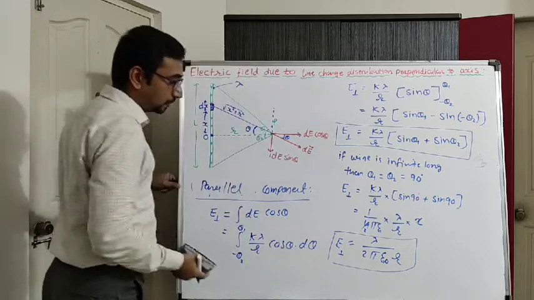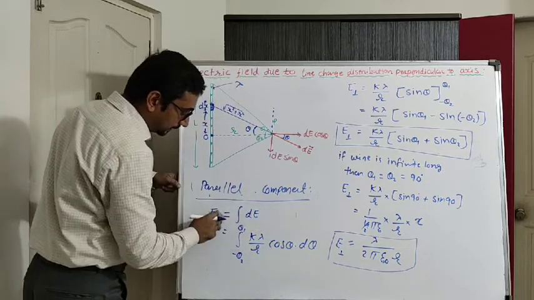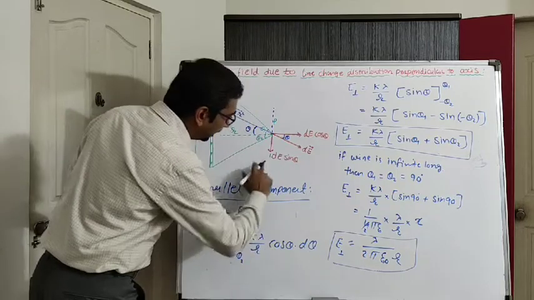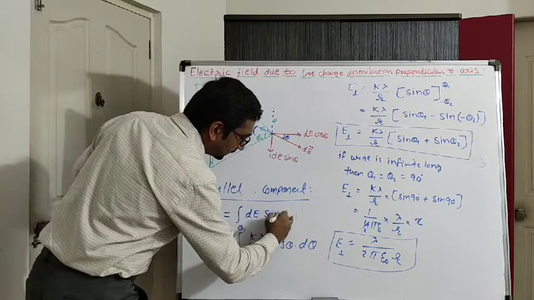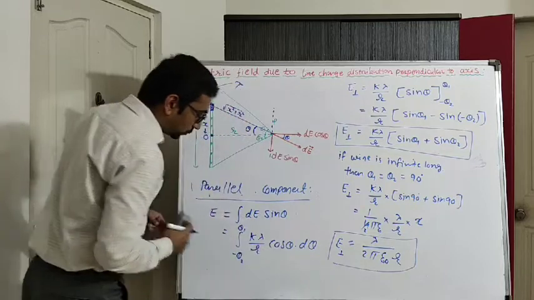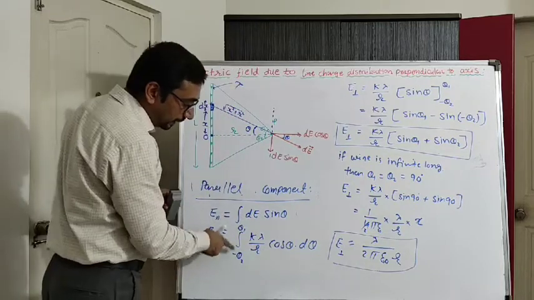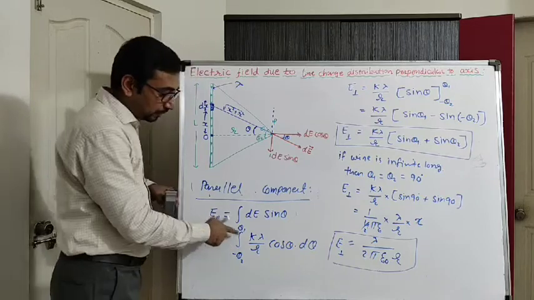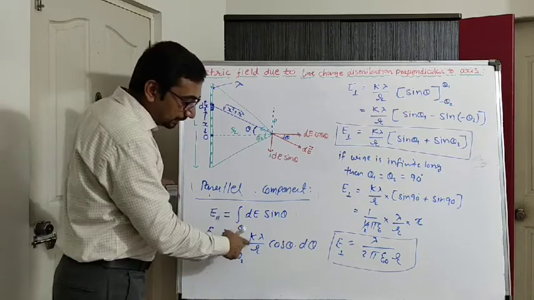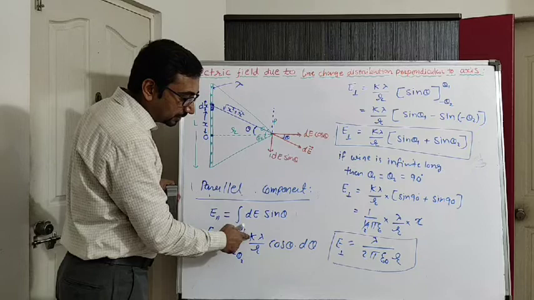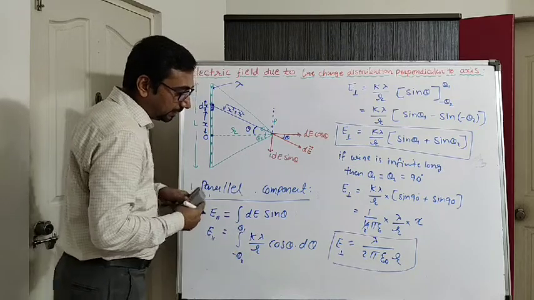So the parallel component is dE sin theta. When we find the parallel component, we have to integrate from minus theta 2 to plus theta 1. This is the value of dE, which is k into lambda upon r.